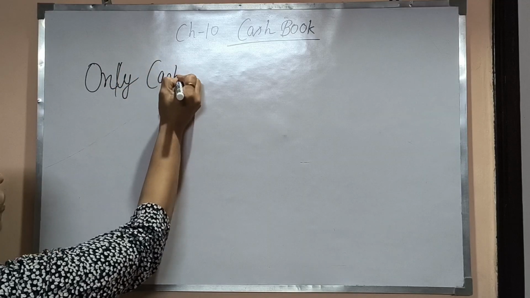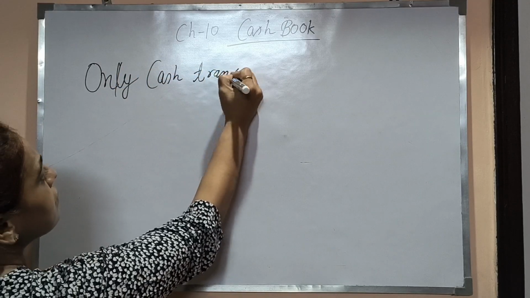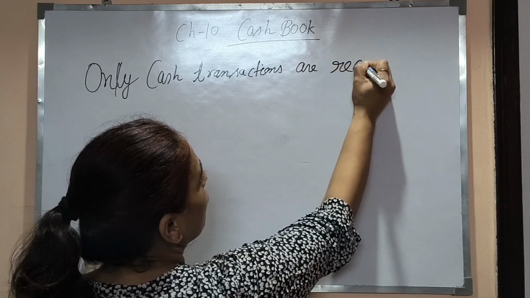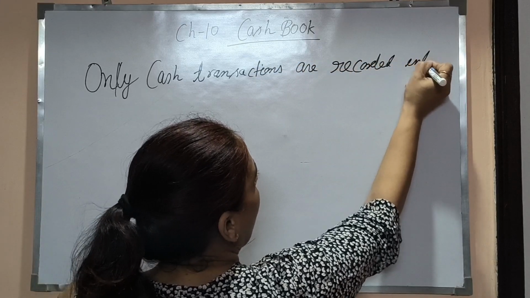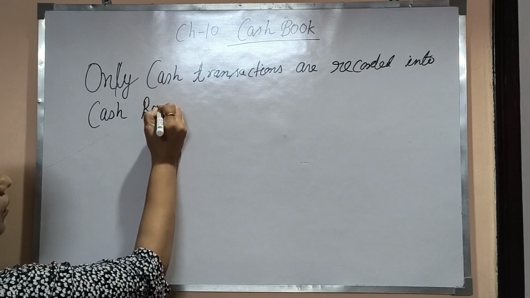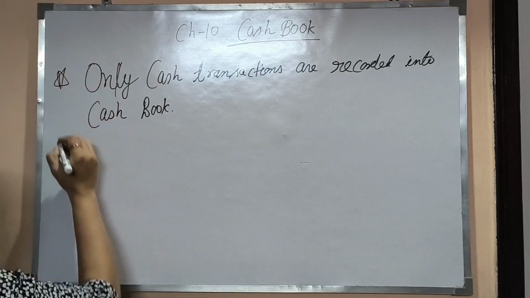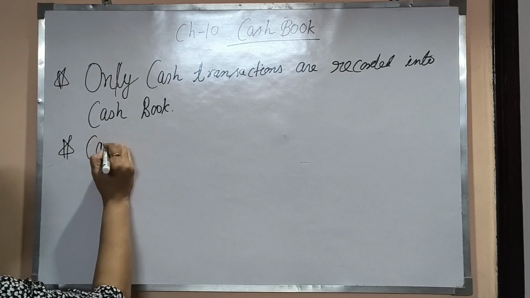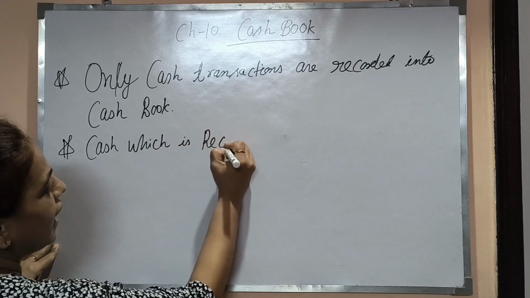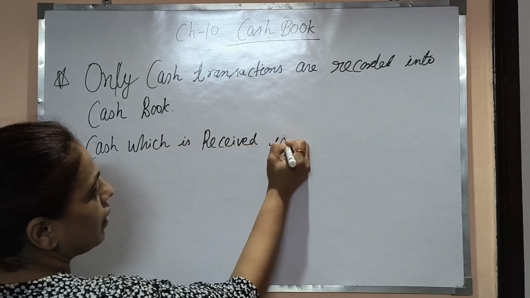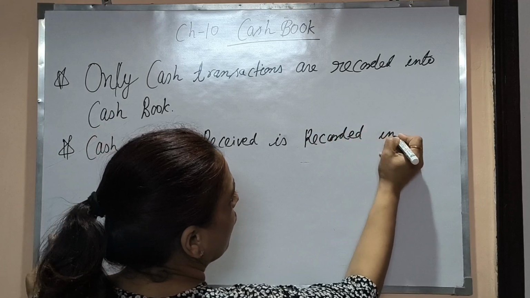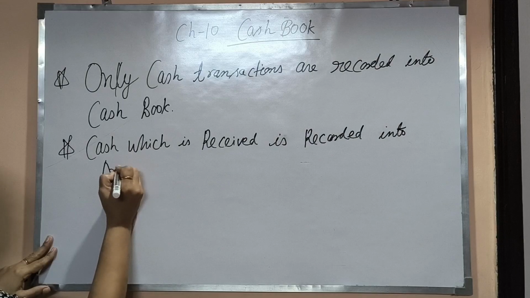So first of all, only cash transactions are recorded into the cash book. Only cash transactions. Second point, cash which is received is recorded into the debit side of the cash book.